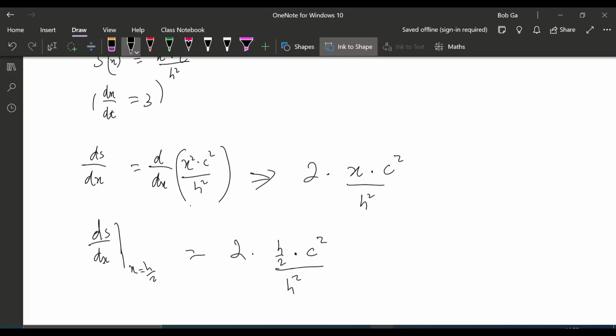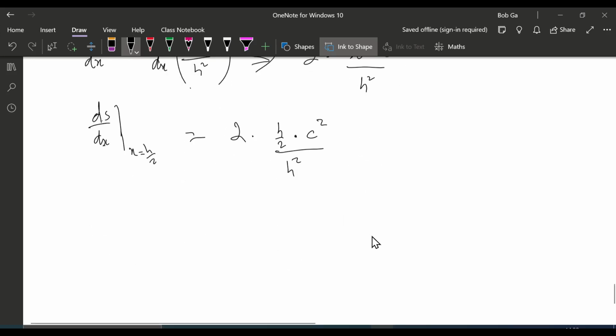So if we apply the chain rule now, because this is ds over dx, the rate of change of s with respect to x. Now to get the rate of change of s with respect to t, we're now looking for ds over dt, with respect to time.